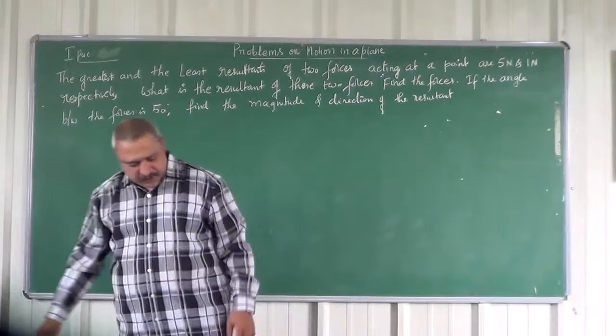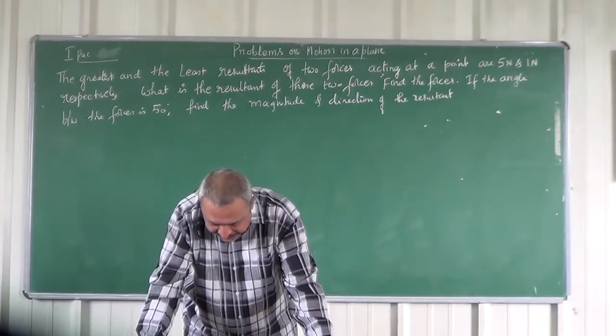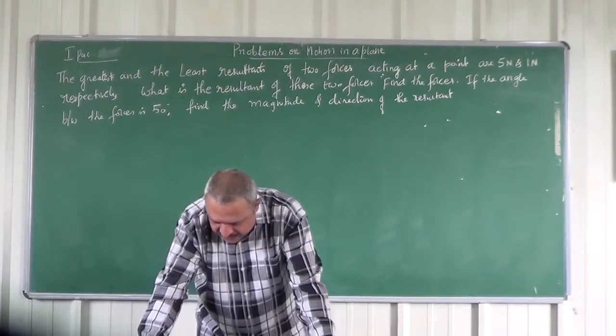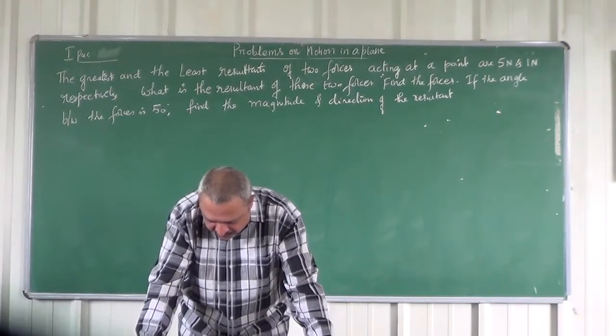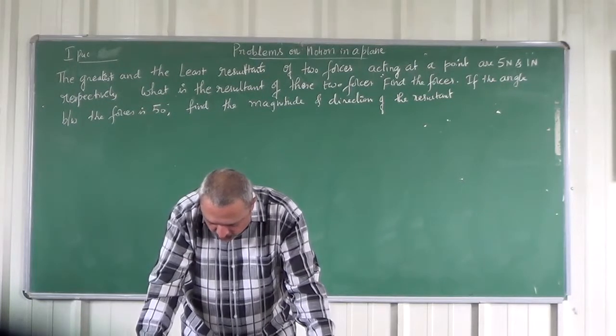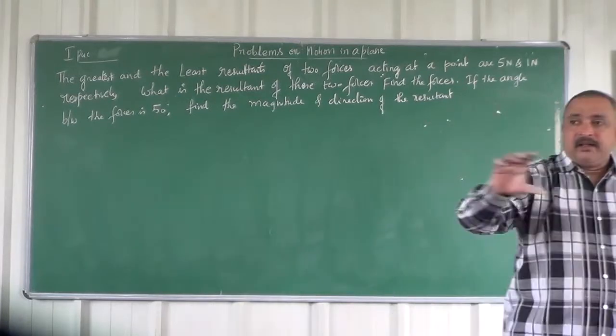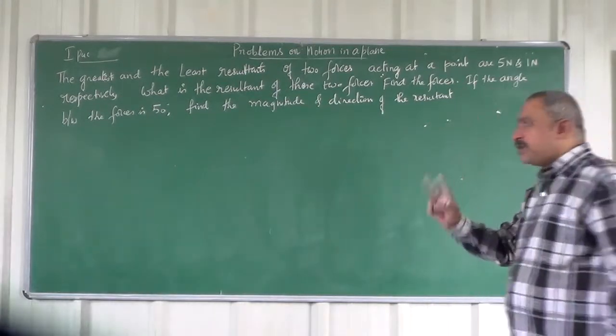Okay. Now, what are the forces acting here? The greatest and the least resultants of two forces acting at a point are 5 newtons and 1 newton. What is the meaning of this statement? There are two forces.